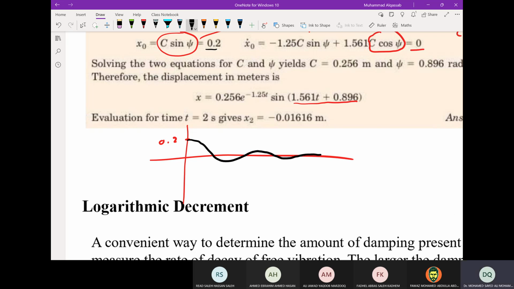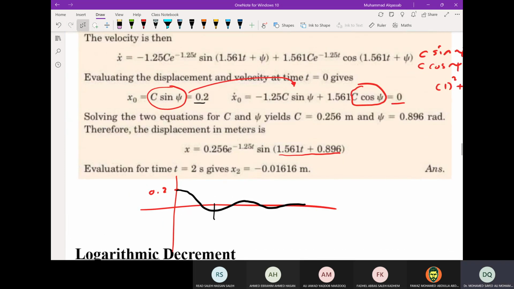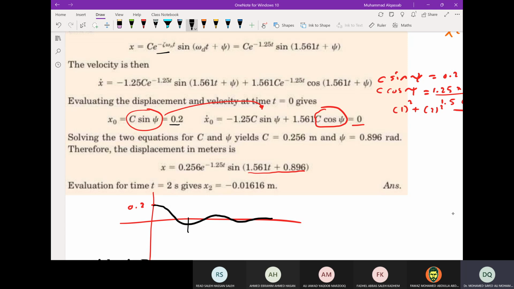If you want to find the maximum, which is the overshoot, you need to differentiate this with respect to time, which is already obtained here. You can substitute for the value of c and psi, and then find the time at which the velocity is 0, or x is maximum.